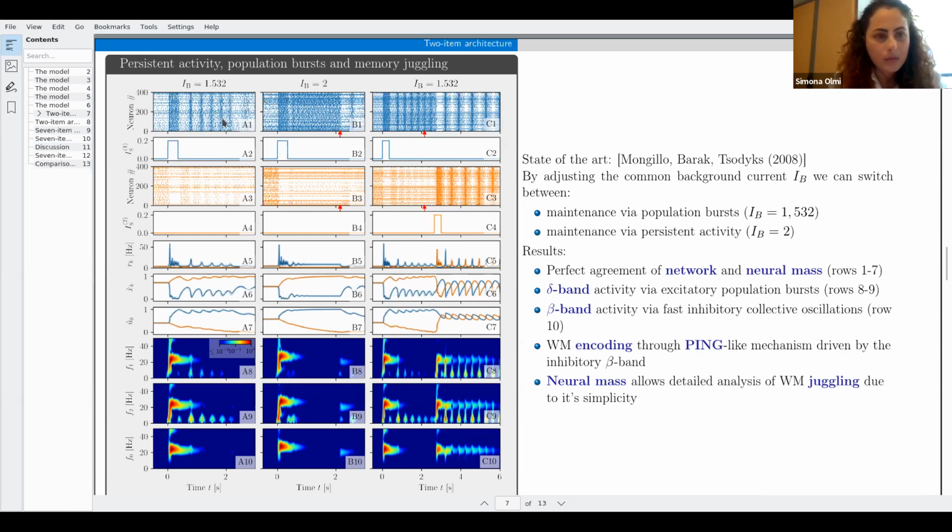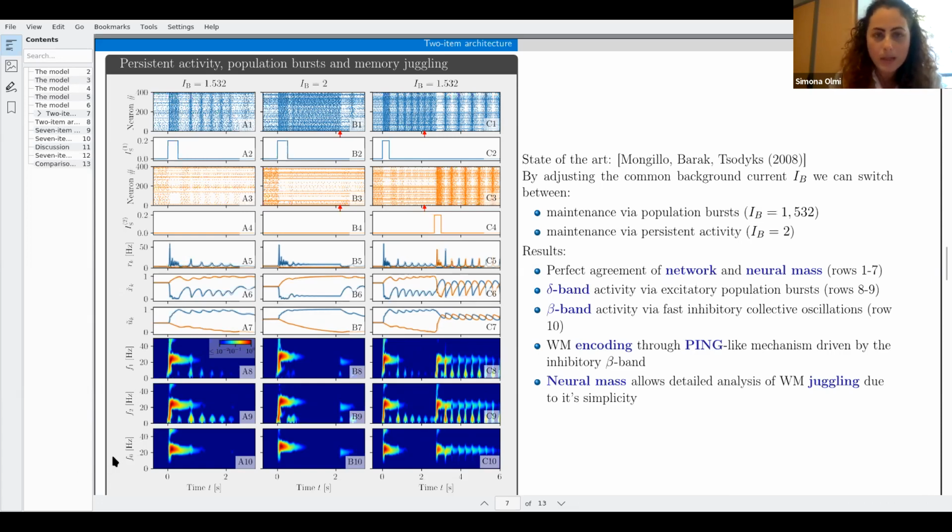So for both the situations that are obtained by stimulating just one population, we see that there is a perfect agreement between what happens at the network dynamics, as you can see in this panel, and what happens at the level of the mean field dynamics. In particular, the features that emerge in this kind of memory loading and maintenance is that we observe a delta activity that is related to the excitatory population burst and the beta band activity that is due to the fast inhibitory collective oscillations.